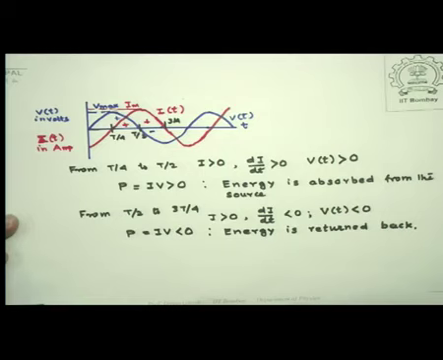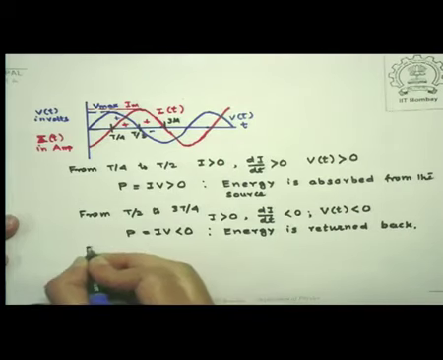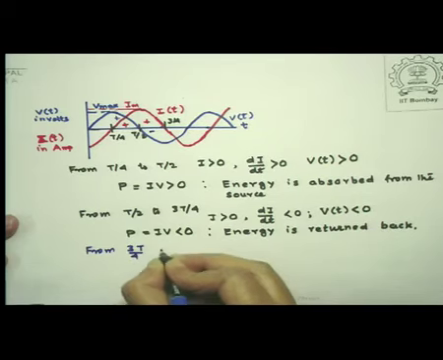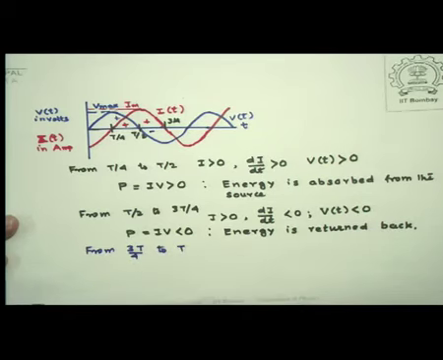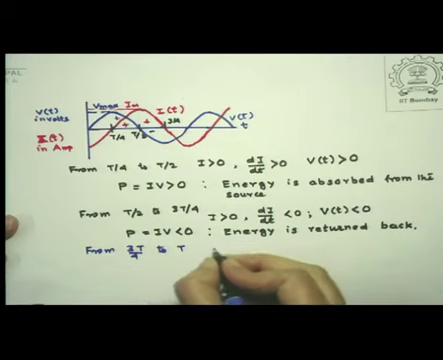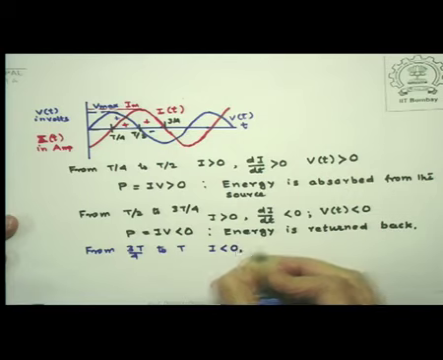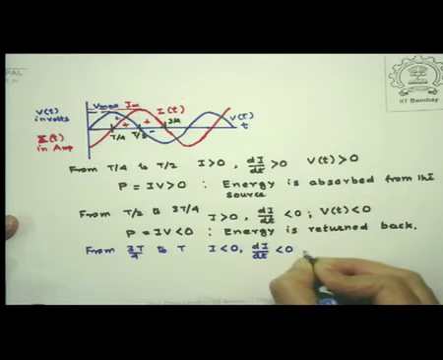In the next quarter cycle, from 3T by 4 to T, my current is less than 0 now. So is di by dt, which means V of t is also less than 0.